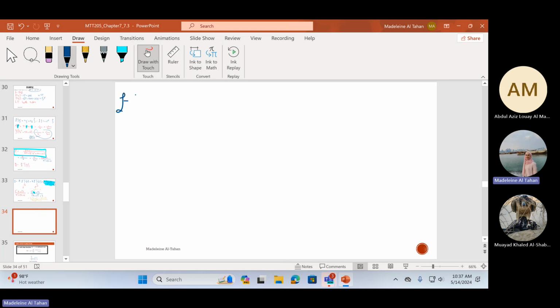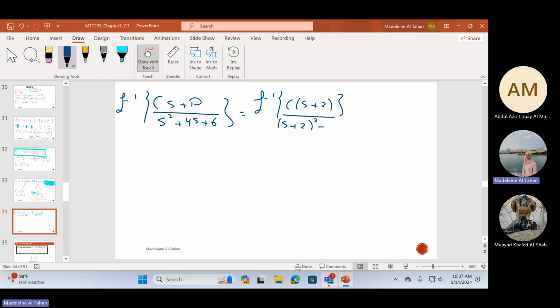We will get Laplace inverse of Cs plus D over s squared plus 4s plus 6 equal to Laplace inverse of C into (s plus 2) over (s plus 2) squared plus 2, plus Laplace inverse of (minus 2C plus D) over (s plus 2) squared plus 2. Do we agree, miss?